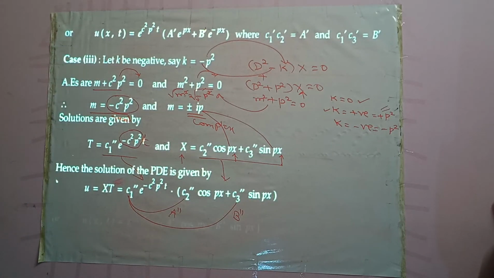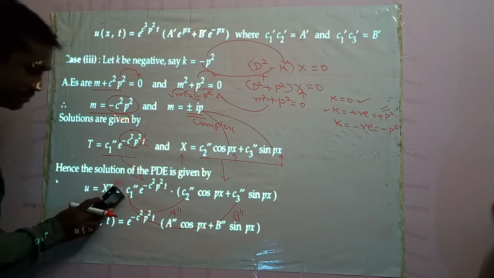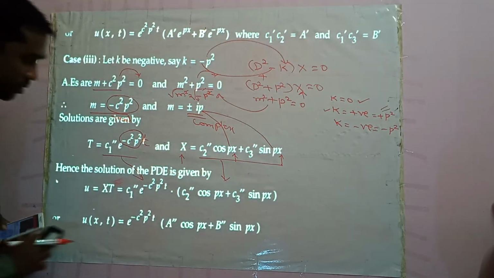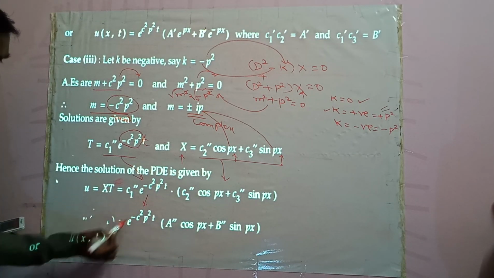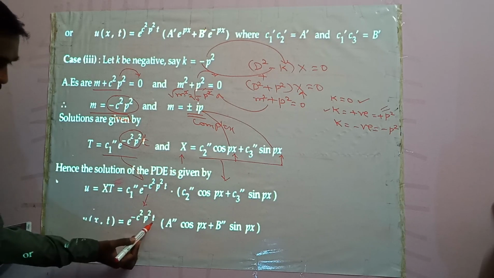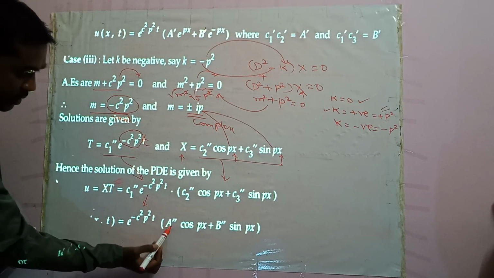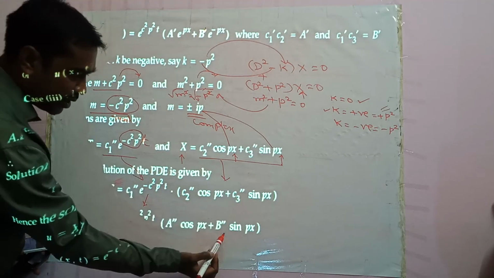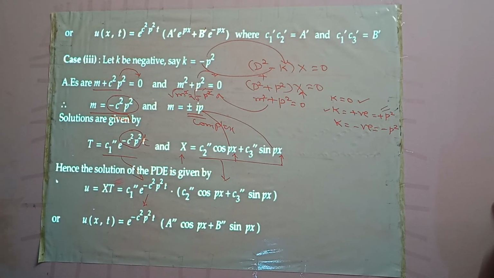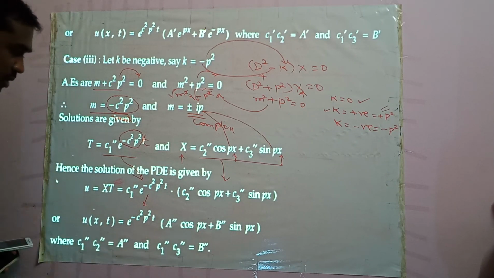So if you do that, what you get is, we write this term here, e to the power minus c square p square t. If you multiply, you get a double dash cos px plus b double dash sin px. Here a double dash is this and b double dash is this.